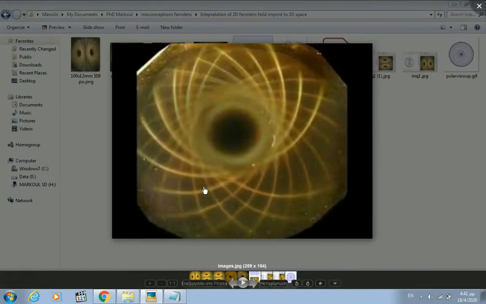And again, as I have told you before, whenever we look inside the Ferrolens, even when we have it in the side view with a magnet placed on its side on the Ferrolens, we can see on each pole the lines mirrored from the other pole. So we see here the lines from this pole, but we can see also the spirals coming from the other pole, because of the see-through property, I repeat, of the Ferrolens.